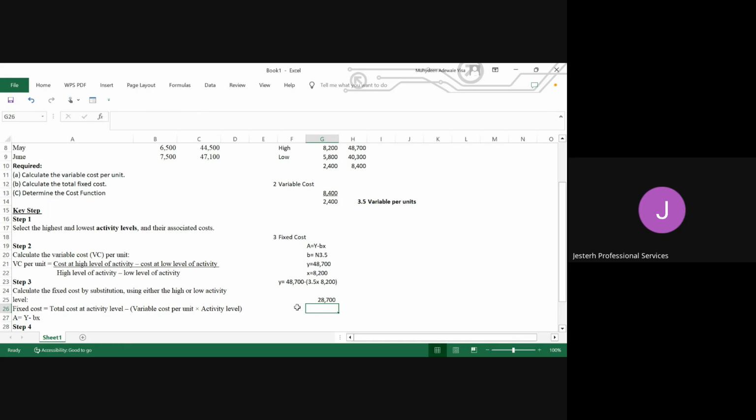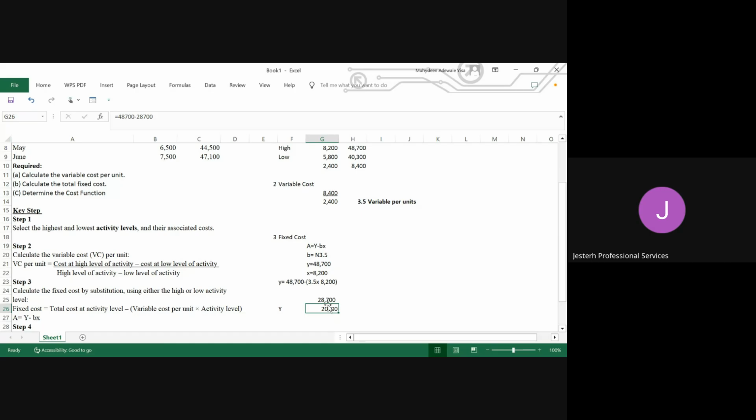And what we are looking for now is our fixed cost. Now, how do we determine the fixed cost? You know, our Y stands for our fixed cost. We will now say 48,700, which is our total cost, minus 28,700.